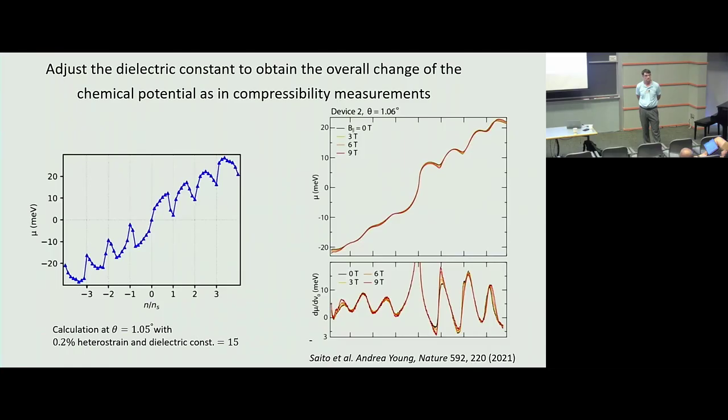So this could explain why you see this one line that is not seen in encapsulated data, if epsilon is a bit larger. If you take a larger epsilon, that means weaker interactions. That would mean that your data at the magic angle effectively describes a larger angle.